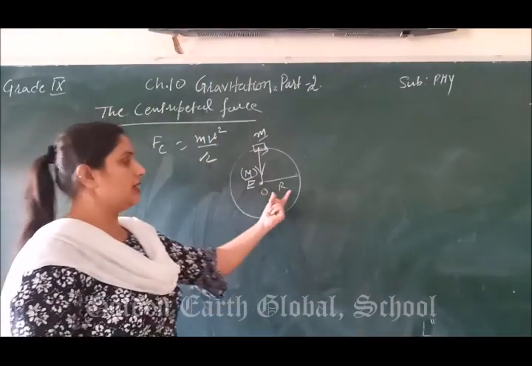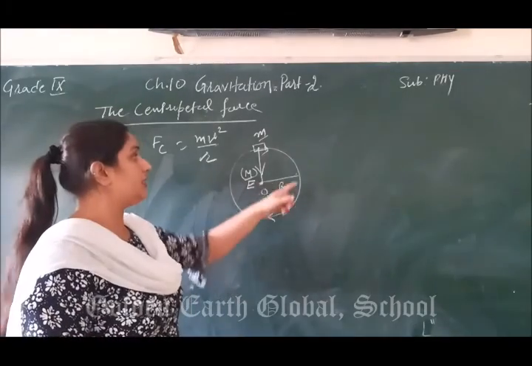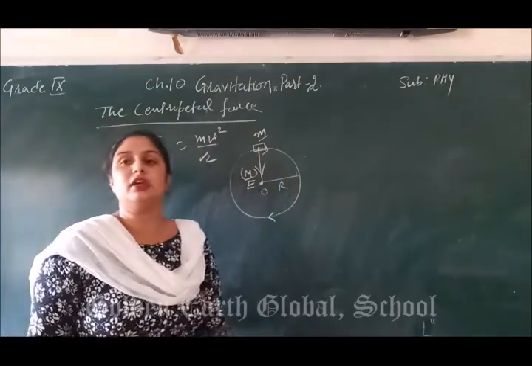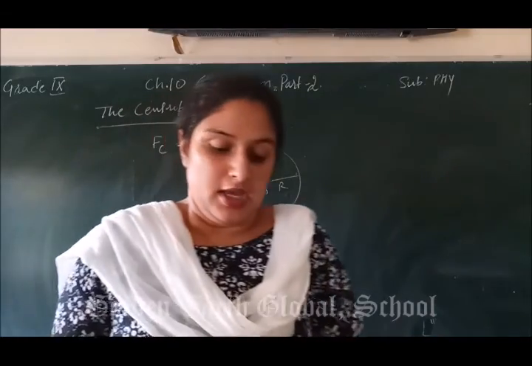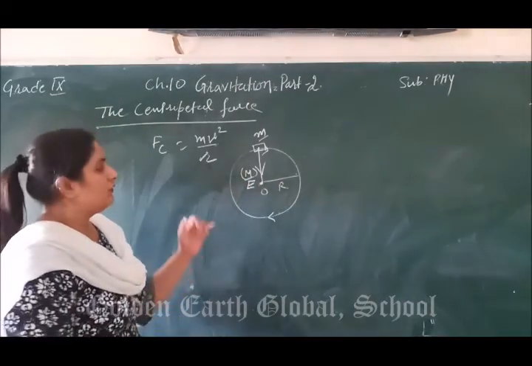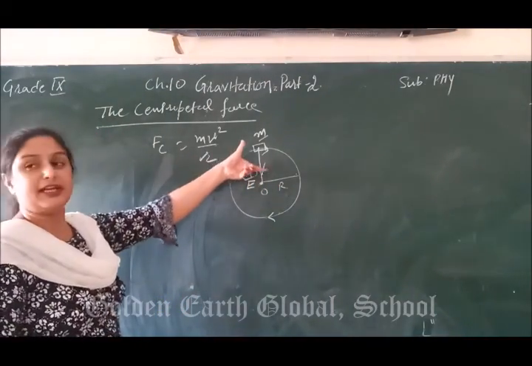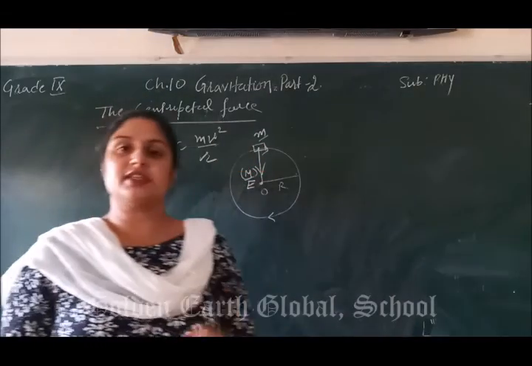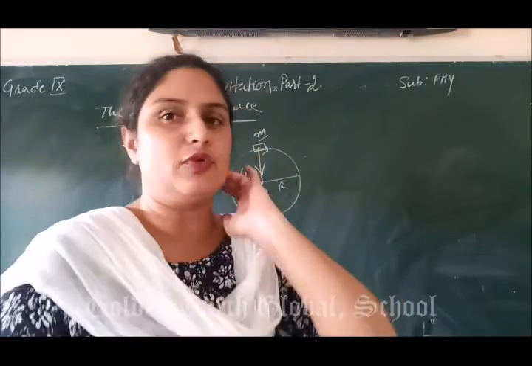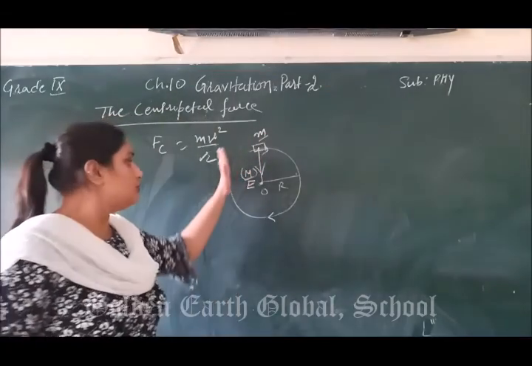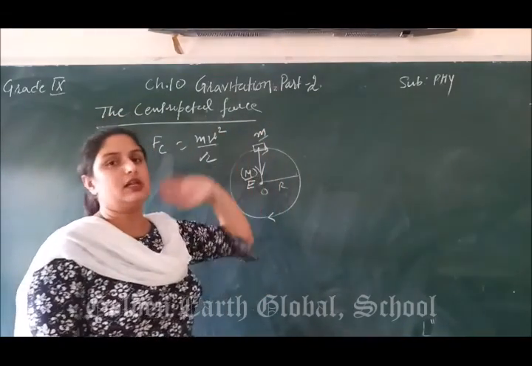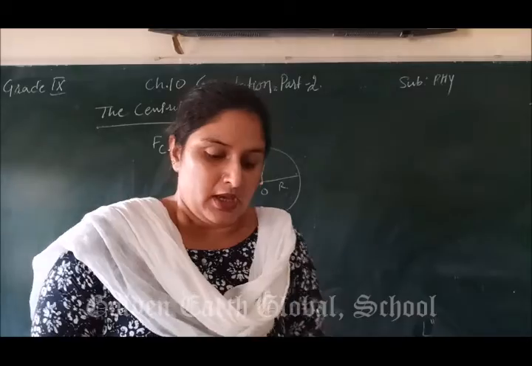Let us suppose capital R is the radius of the orbit in which the moon is revolving around the earth. The force acting here is the centripetal force, which is required for the moon to move in a circle around the earth.